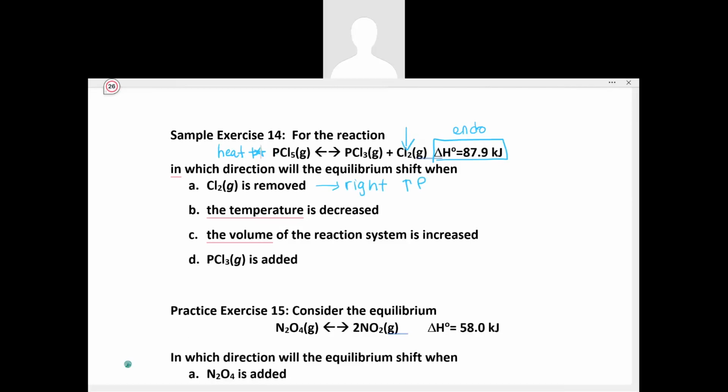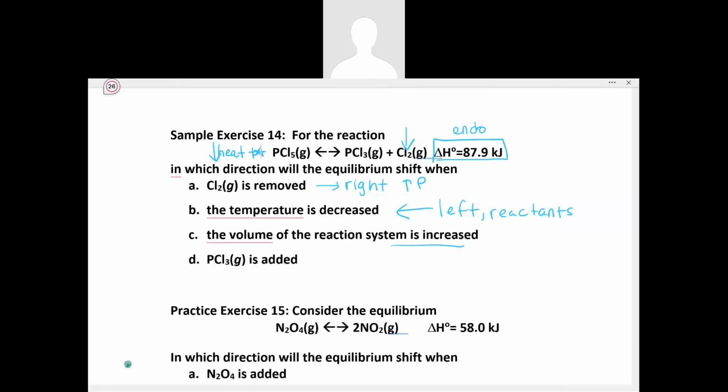In part B, if we decrease temperature, that's like removing heat as a reactant. So we would see a shift in the opposite direction. We would see a shift to the left to increase reactants. Let's see here in part C, the volume of the system is increased. So we can go to the larger number of moles of gas.